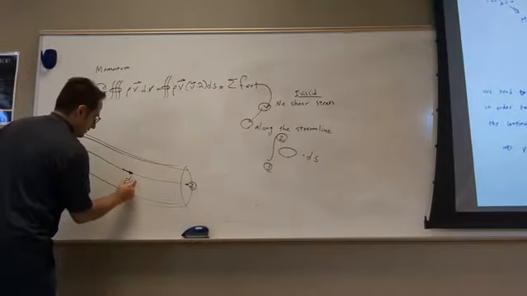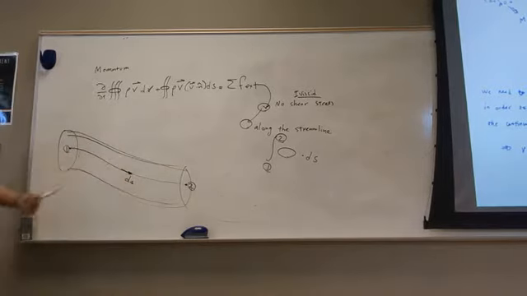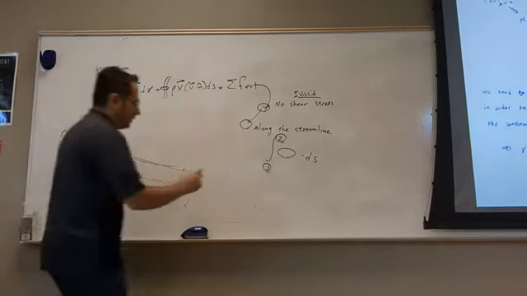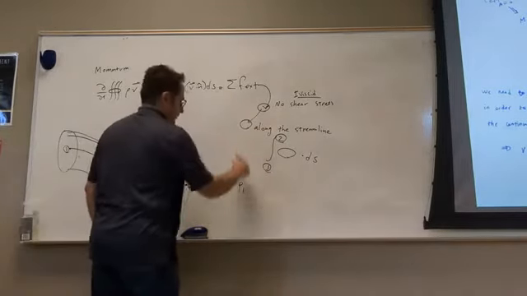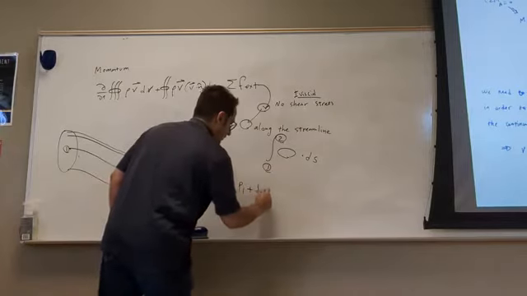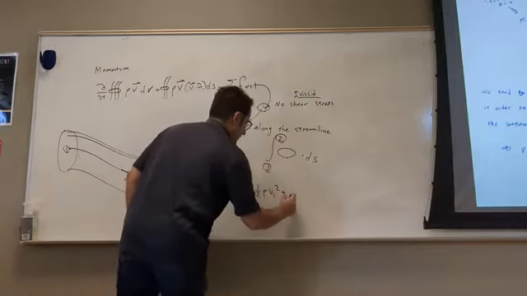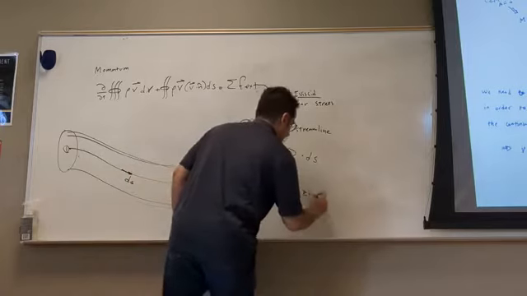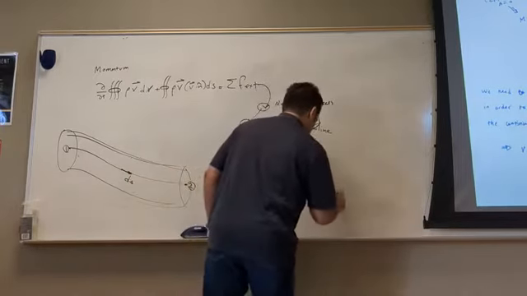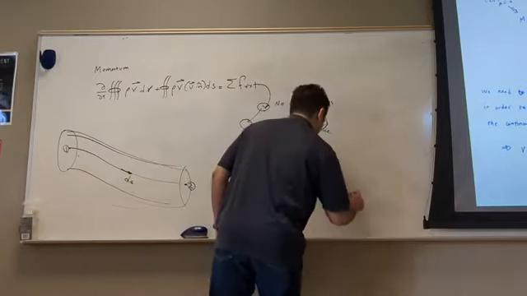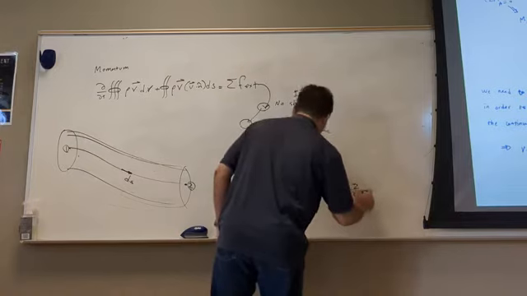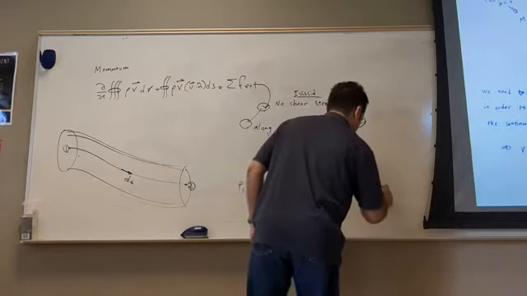And this is your ds. And we showed that you get this equation: P1 from the momentum, plus 1/2 rho V1 squared plus rho g Z1 is equal to P2 plus 1/2 rho V2 squared plus rho g Z2.